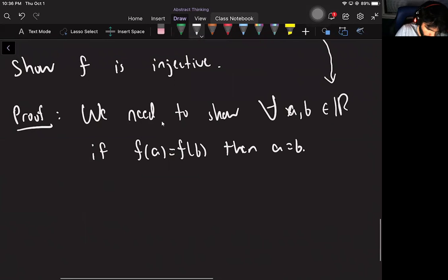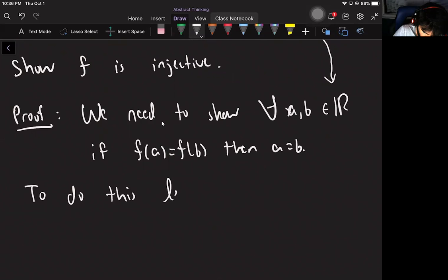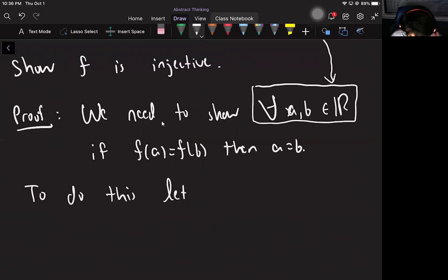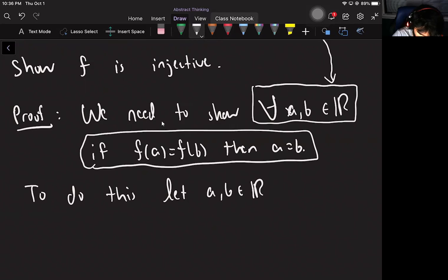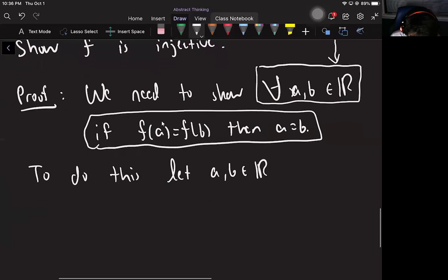So to do a proof like this, well, because I'm trying to show a fact about two arbitrary elements, I have to let two arbitrary elements into existence so I can talk about whether the fact about them is true or not. So that's why the proof will start like this.